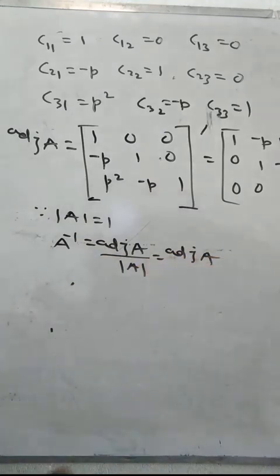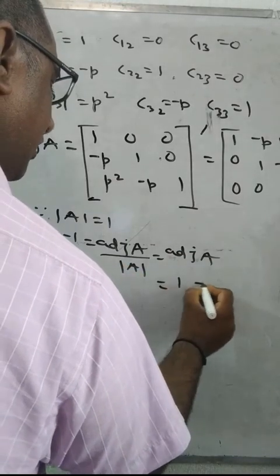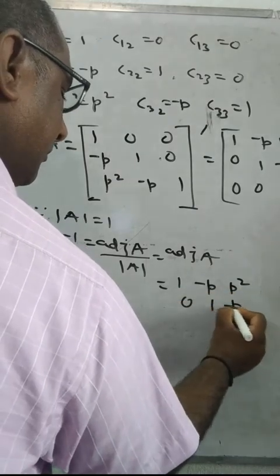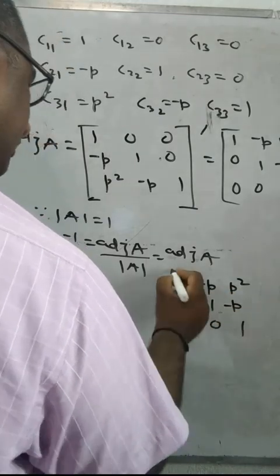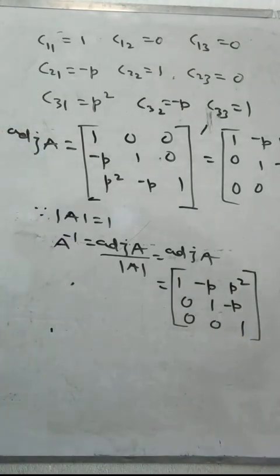So the value of A inverse is [1 -P P²; 0 1 -P; 0 0 1]. This is the value of A inverse. Again, I am assuming that you know how to find the cofactor of a matrix. If you don't know, you can comment, and I will make you understand.